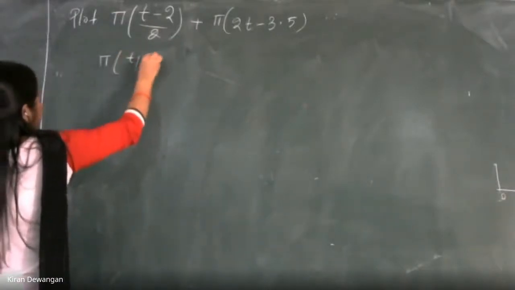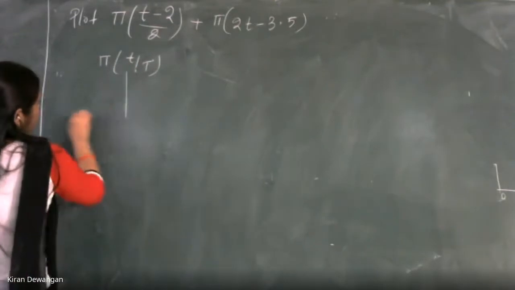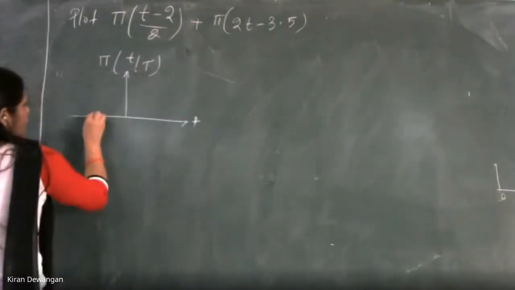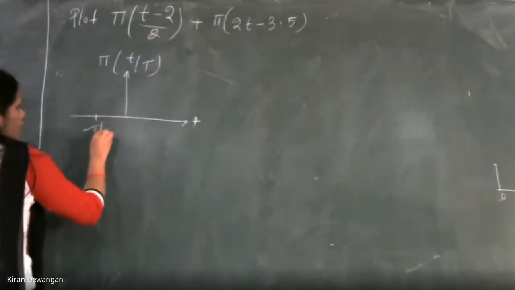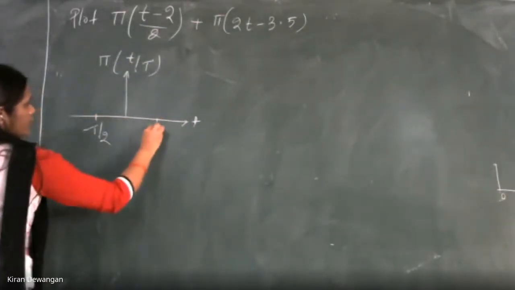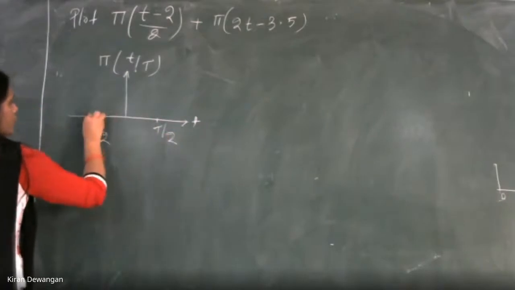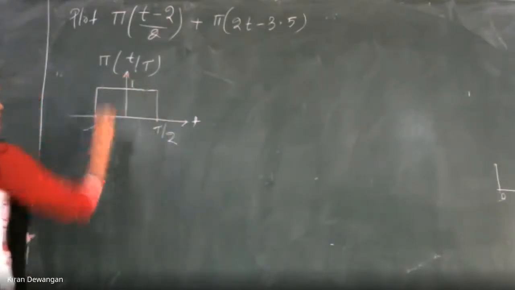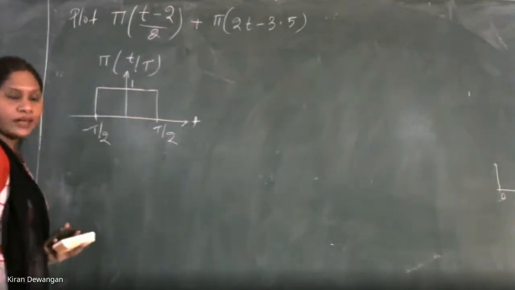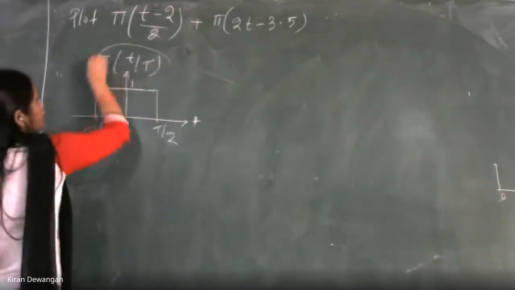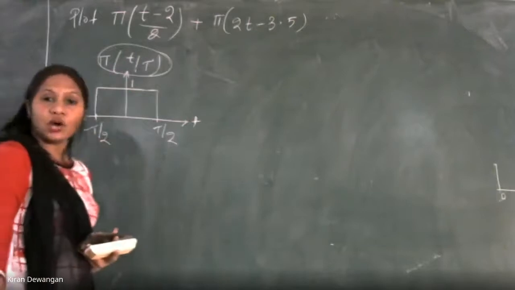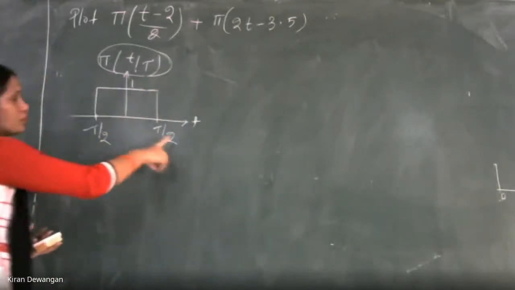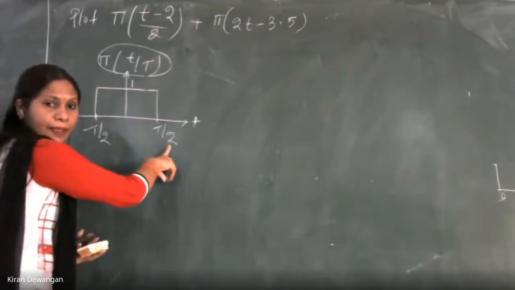Pi of t by tau, and the signal was t, and it was a value from minus tau by 2 to tau by 2, and the value is 1. This is the signal pi of t by tau. Now the value of t by tau exists from minus tau by 2 to plus tau by 2, okay.